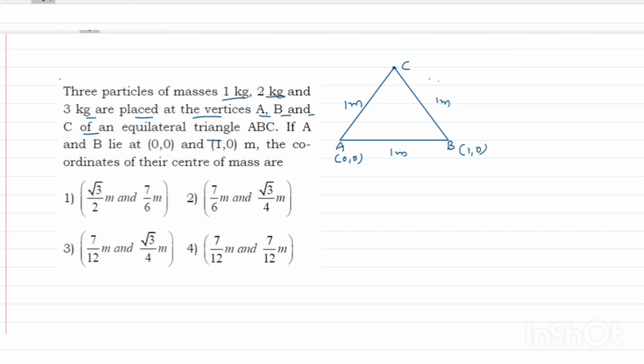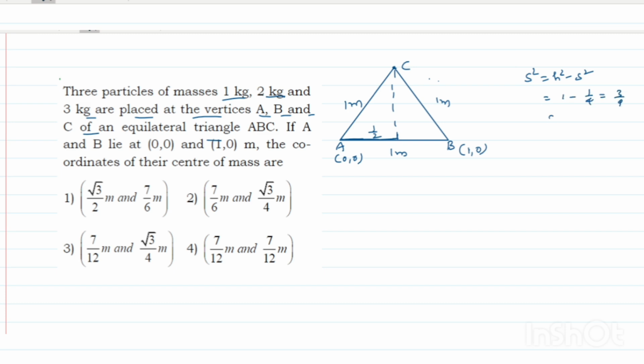Now for the C coordinates, along the x axis it will be located at 1 by 2. Along the y axis, side squared equals hypotenuse squared minus side squared, which is 1 minus 1 by 4, that is 3 by 4.